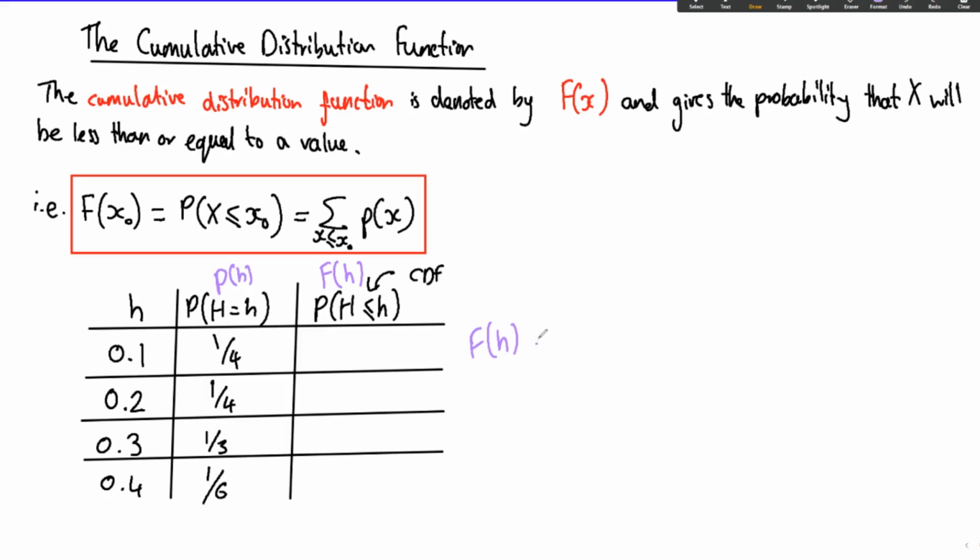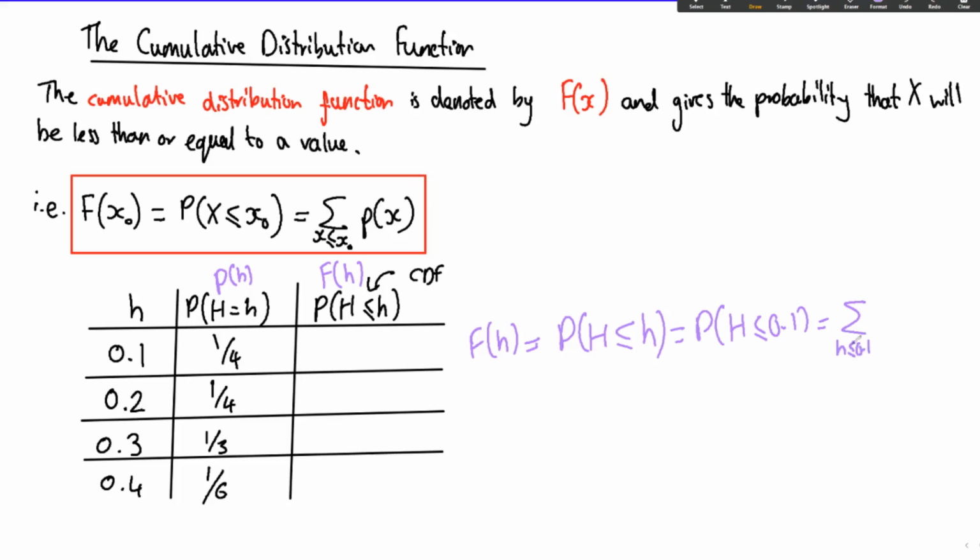And that will equal the probability of capital H being less than or equal to h. Let's sub in our value of h, so it's 0.1 in this case. And now we just want to add all of the values of h before 0.1.